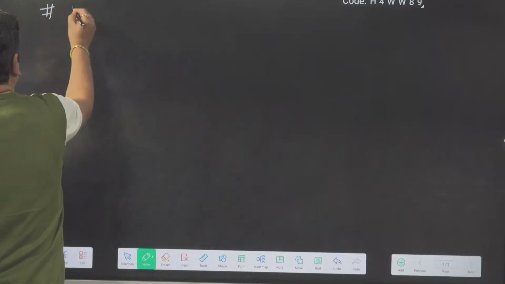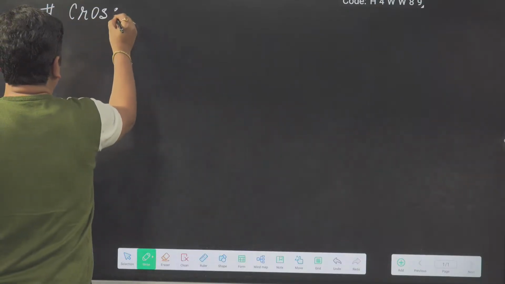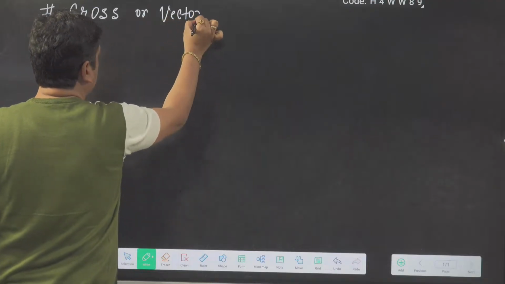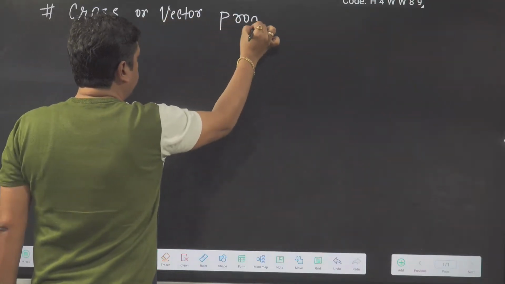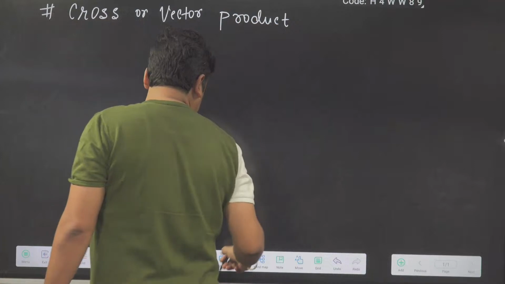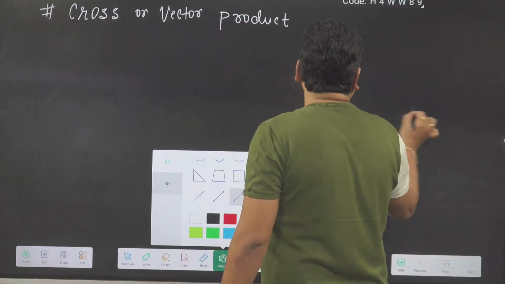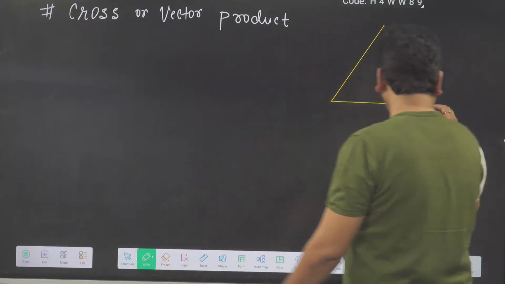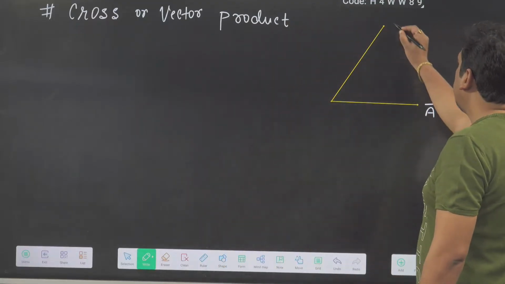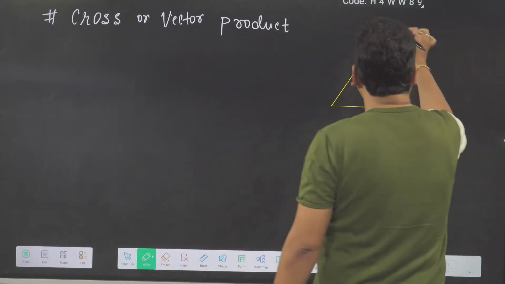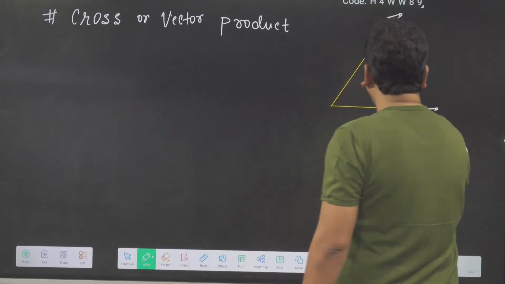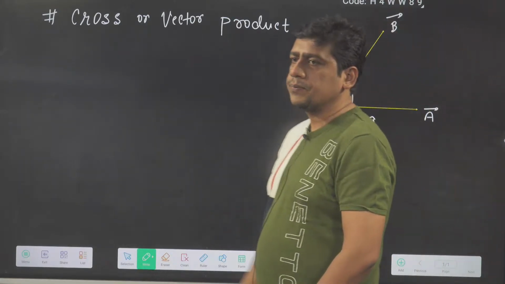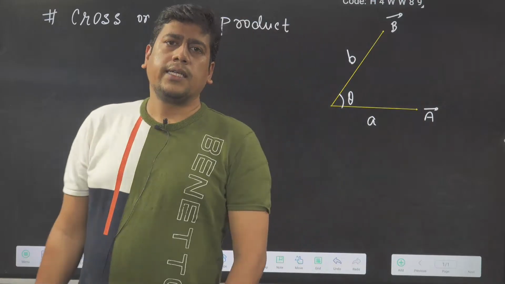Cross product, also known as vector product. Let's say there are again two vectors, A vector, B vector, having magnitudes small a, small b, angle between them theta.